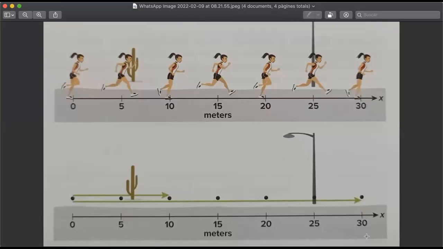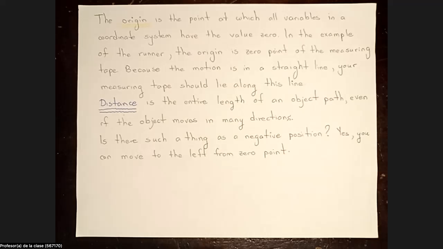Okay. So if we talk about distance, distance is the entire length of an object's path, even if the object moves in many directions. Is there such a thing as a negative position? Yes.